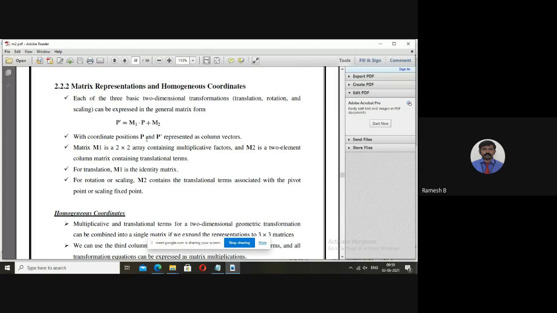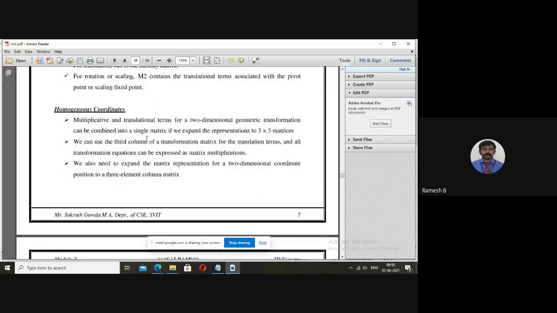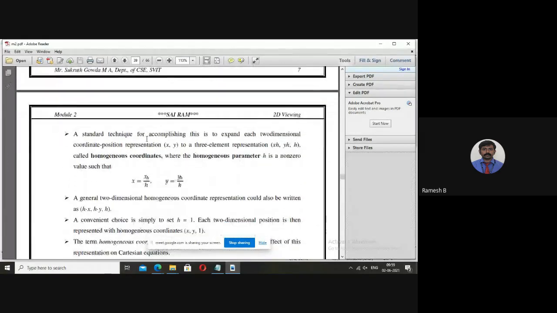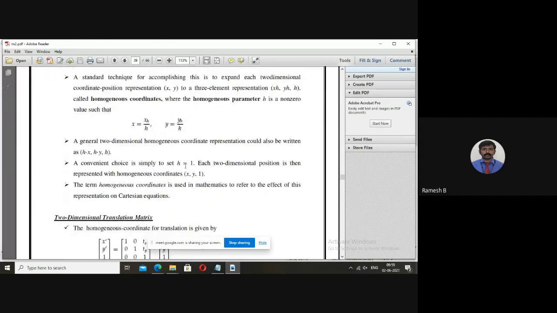That kind of representation is known as homogeneous coordinates. If you want to convert any matrix into homogeneous coordinates, we can do it like this, using a constant. Here we are using the constant h equal to 1.